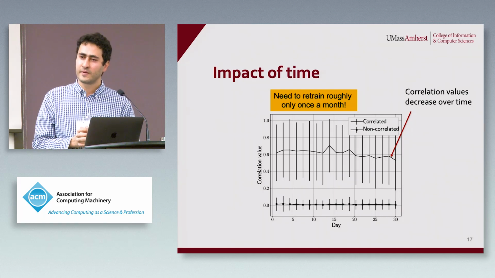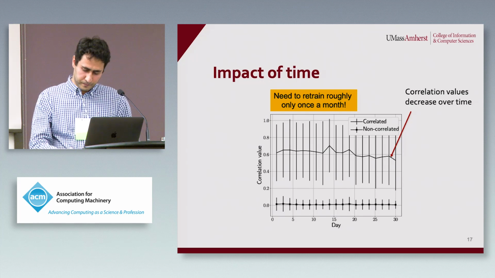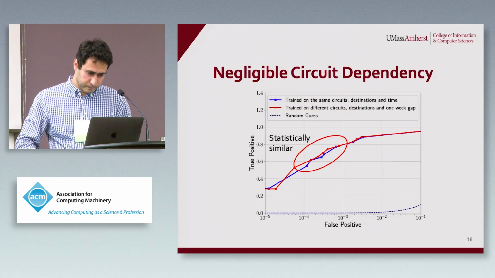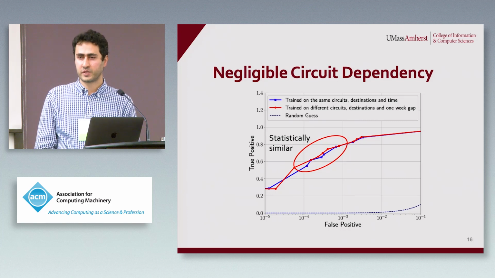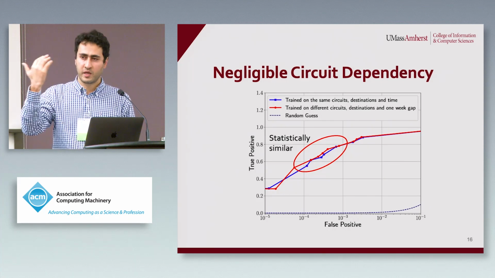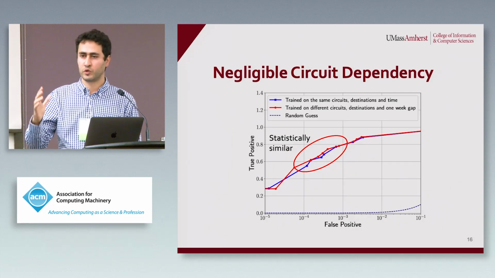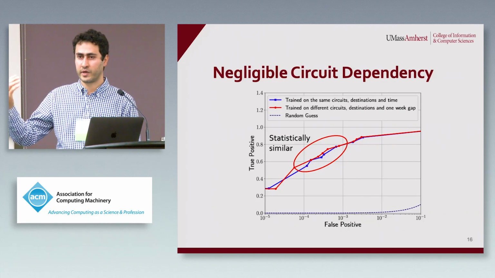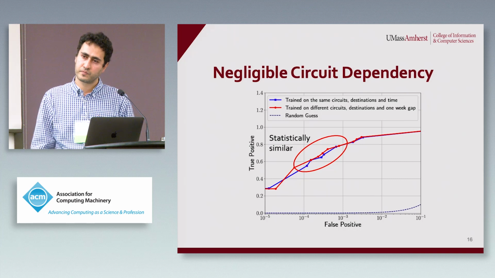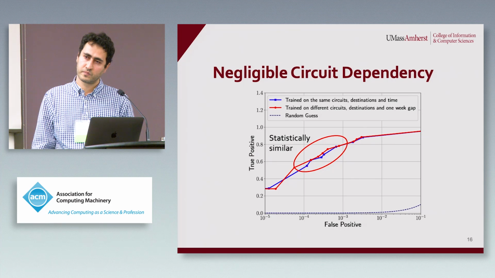Yeah. So can you go back one slide to 16? In this situation, you are saying you trained on a circuit and then you're comparing it with... We train on some circuits and test on others. For the training, it's not on a single circuit. Okay, so the samples used in the training are, let's say, from 500 circuits, and for testing, we use circuits from connections over other, again, the blue line, the same circuits, the red line, different circuits. Okay, so I'm confused.